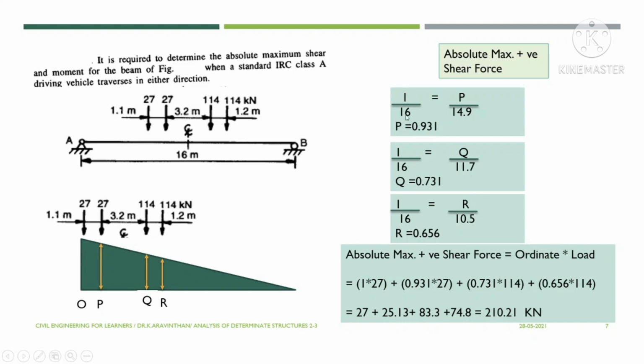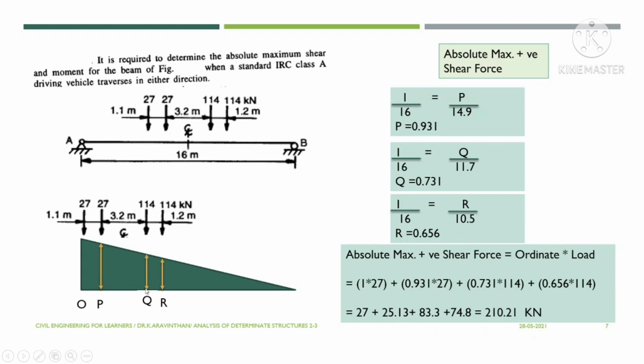So for 1 and 16 meter, if you need the ordinate at point P, then let us substitute this as unknown as P divided by the remaining distance. What is the remaining distance? 16 minus 1.1 will be 14.9, and you will be getting the ordinate of P. So this is 0.931.